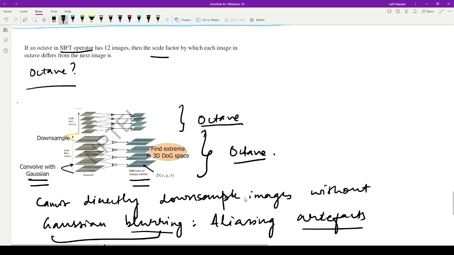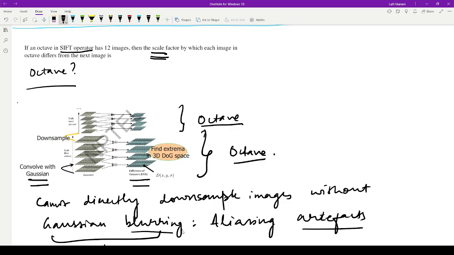Because we want to find some descriptor which is defined over the scales. So for that we need different scales of images, and for that we need to downsample. But before downsampling, we need to do some convolution with a low pass filter. Here we choose Gaussian as the low pass filter. So this is how it's linked to the image processing theory.